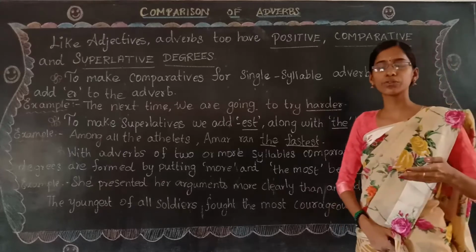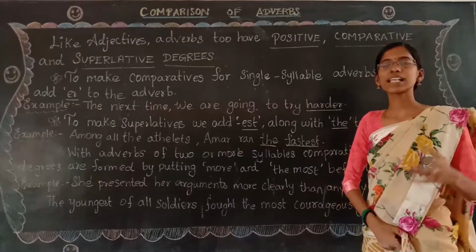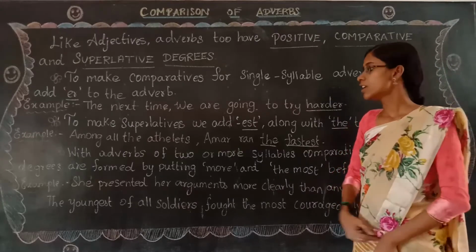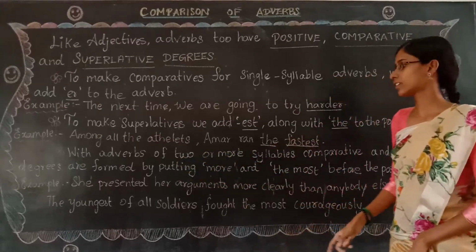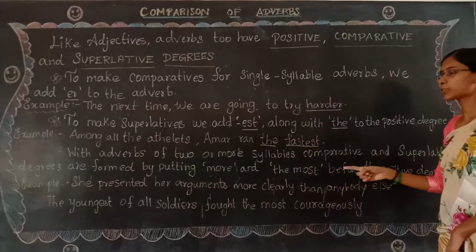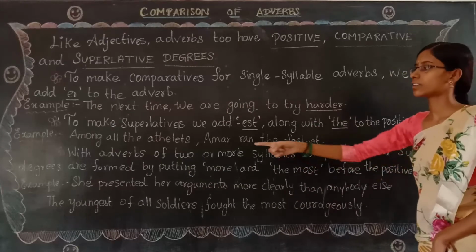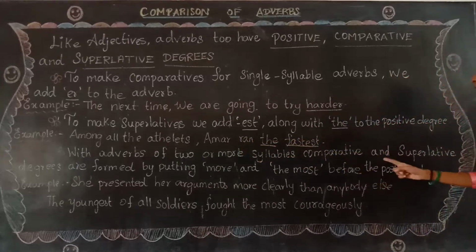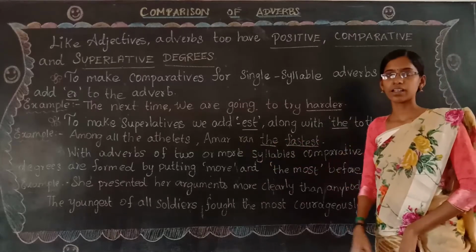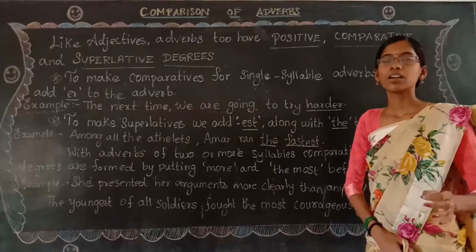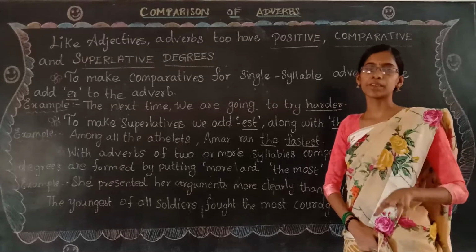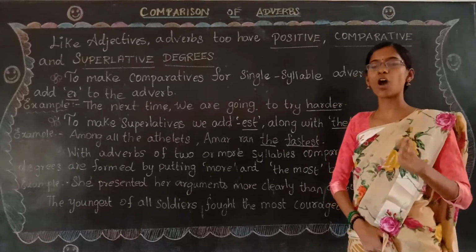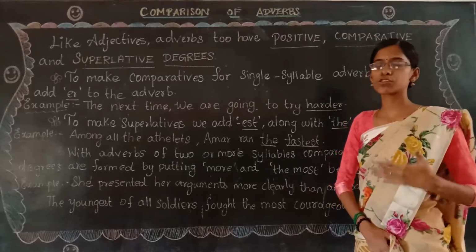In that situation, with adverbs of two or more syllables, comparative and superlative degrees are formed differently. If you are comparing one or two, you can use the comparative degree, and for more than two, we can use the superlative degree.